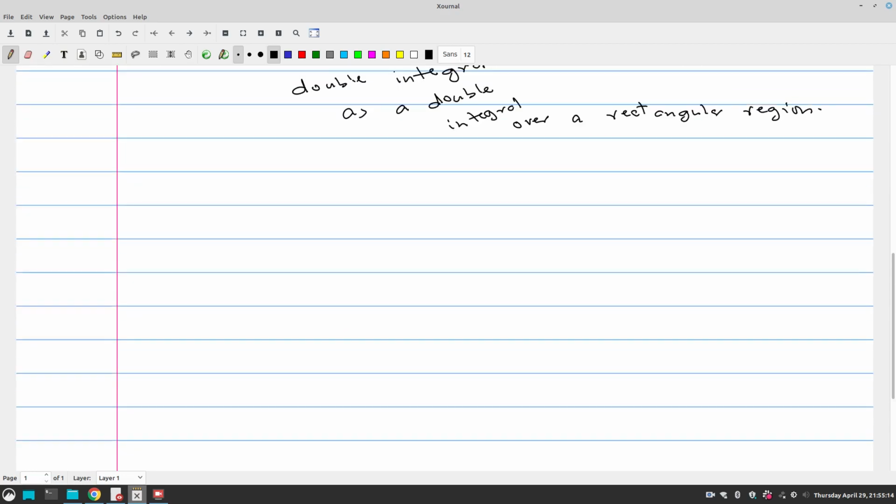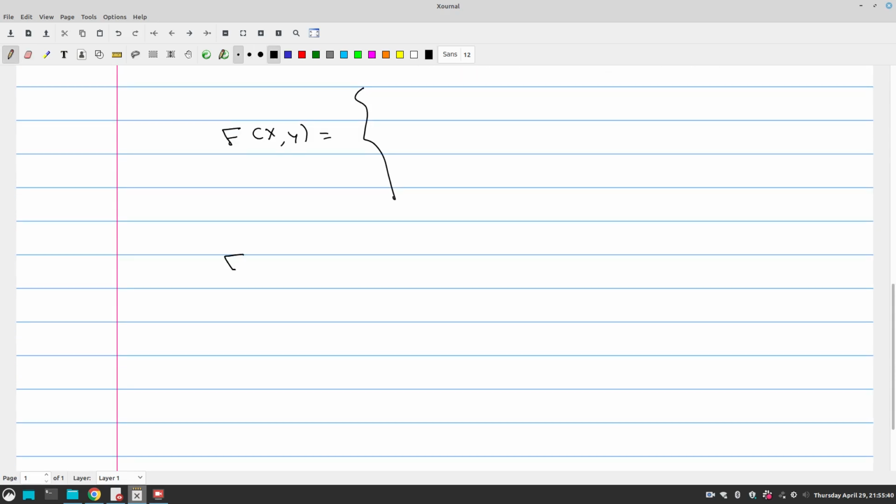So imagine you have a function capital F(x,y), and this is equal to... okay, so F(x,y) is defined on the rectangle R that contains D. How do we know that D can be contained within a rectangle R?